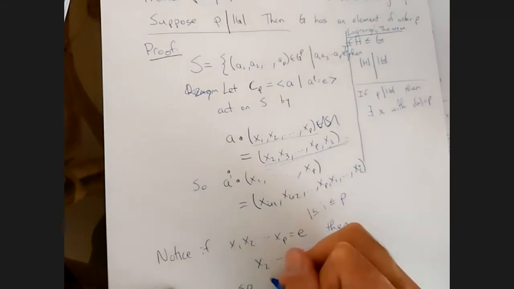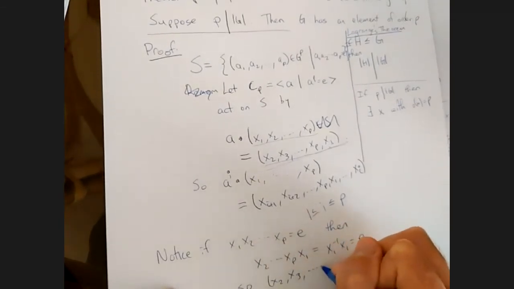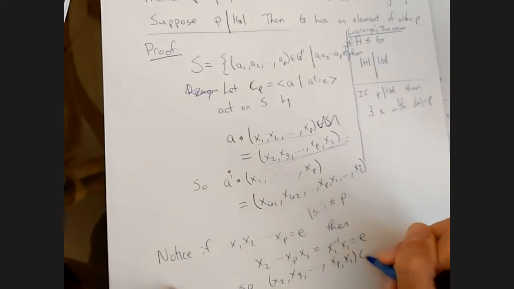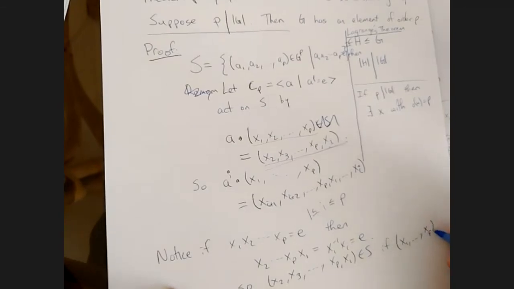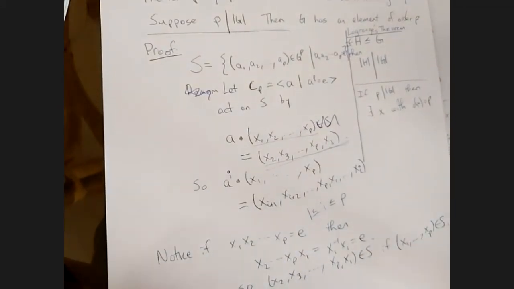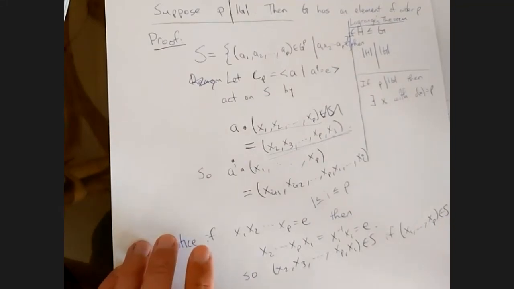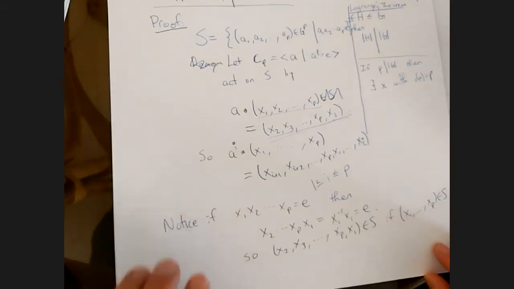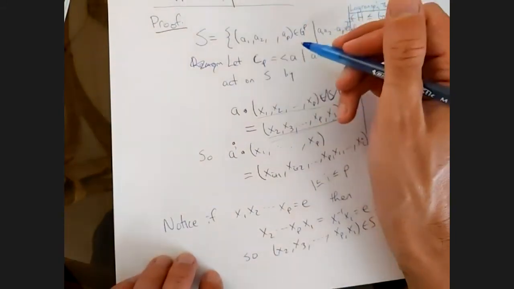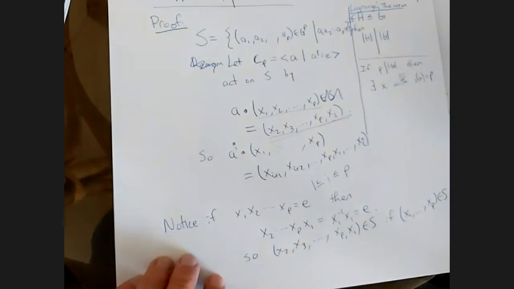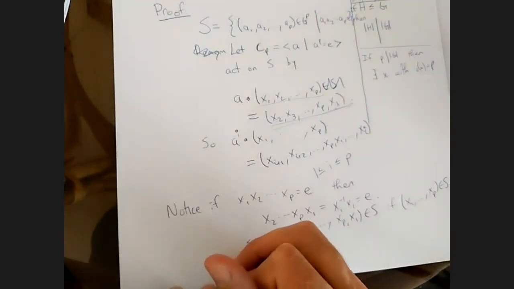And that means that (x2, x3, up to xp, x1) is in S if (x1 up to xp) is in S. Okay, so now I have my group, the cyclic group with p elements, acting on S. So C_p is a p-group.